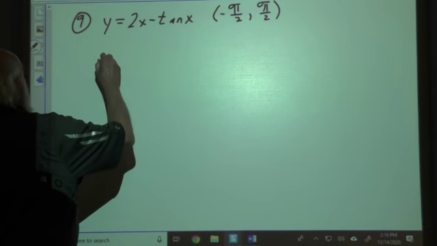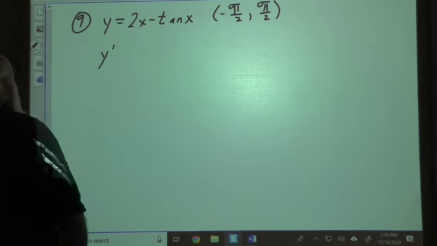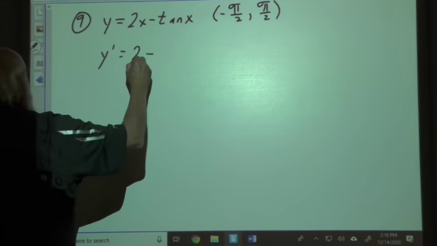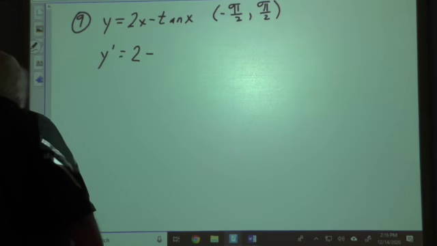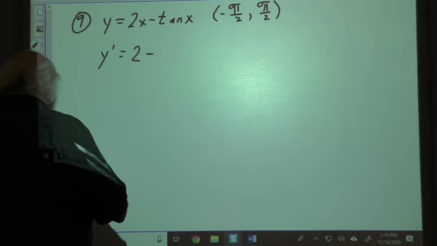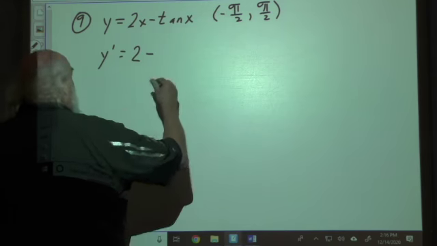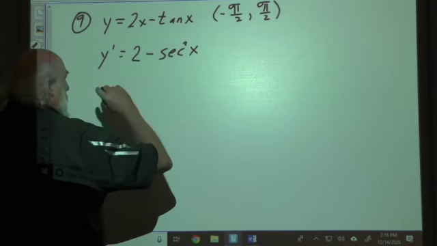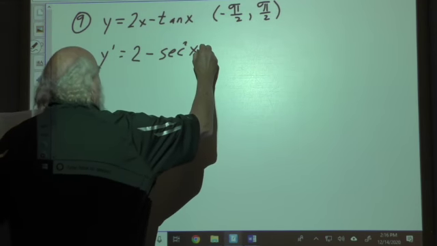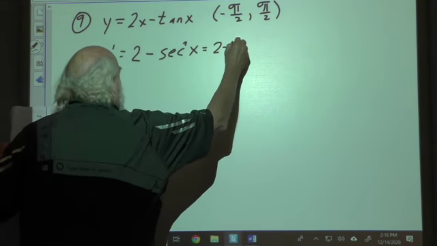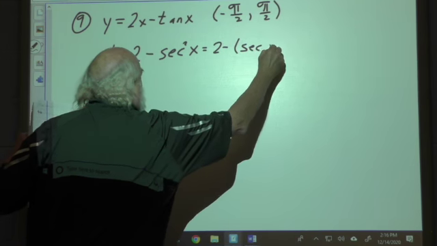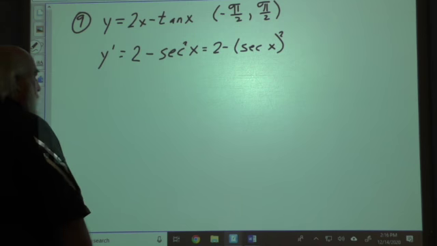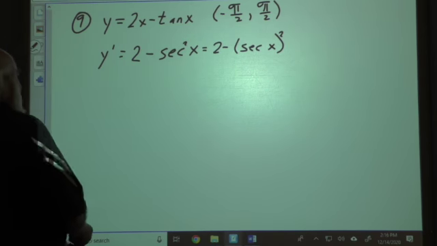So we find the first derivative of this, and that's going to be 2 for that. And the derivative of tangent turns out to be secant squared x. And I'm going to rewrite that as 2 minus secant squared x, for reasons you'll see in just a little bit.